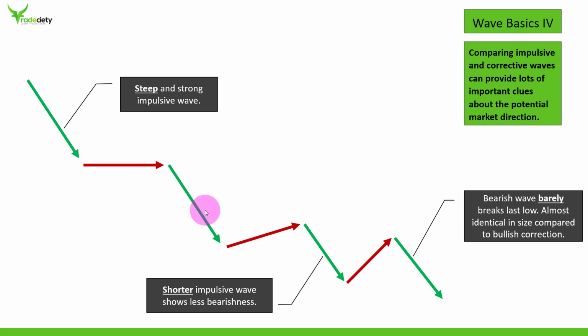A lot of people who have been shorting probably have shorted earlier, and who is getting in short now is probably way too late. That is often a picture that you will see as a trend progresses. The impulsive waves get shorter, not as steep, and the corrective waves increase in size and also in strength.